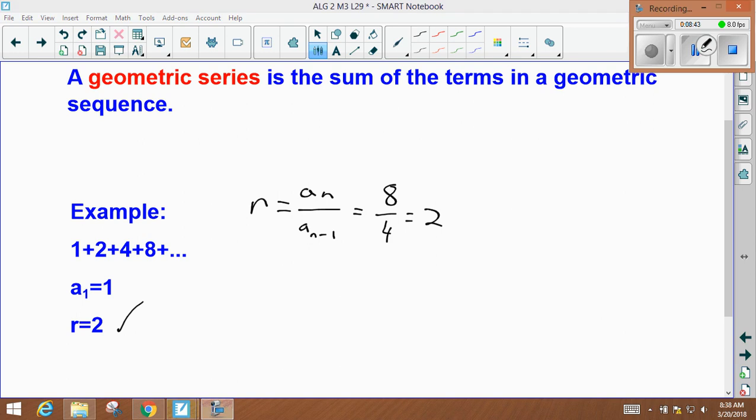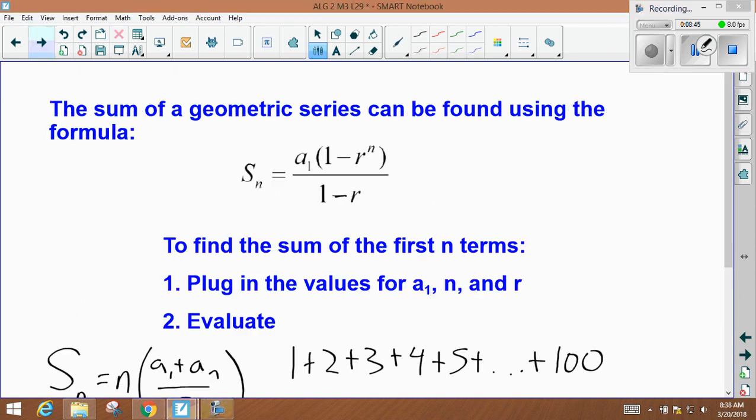Alrighty, okay, moving on. So here's our formula that we could use for a geometric series. The difference between a geometric series and an arithmetic series is the rate at which we're increasing.